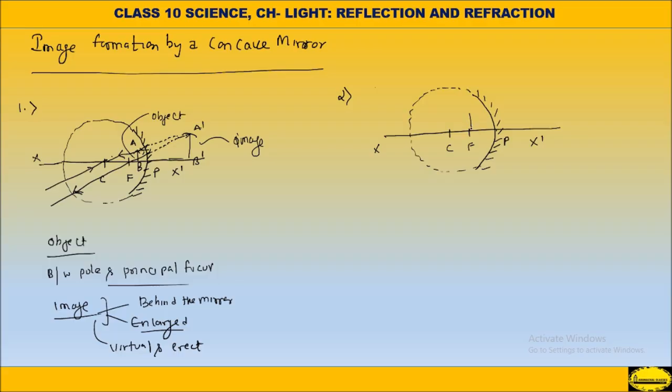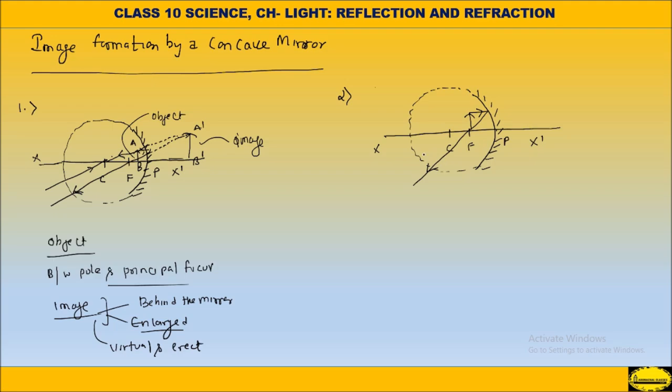Here when the object is placed at principal focus, a ray of light getting incident on the reflecting surface touching the head of the object, and it is parallel to the principal axis. After reflection, it passes through the principal focus.